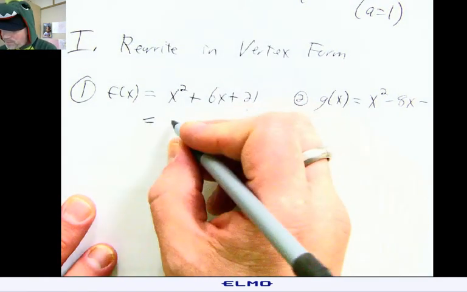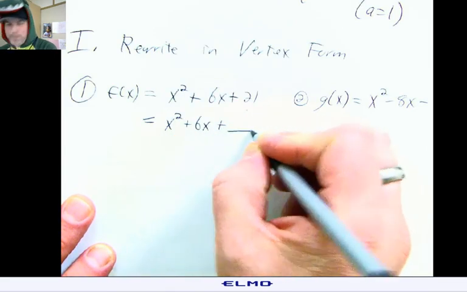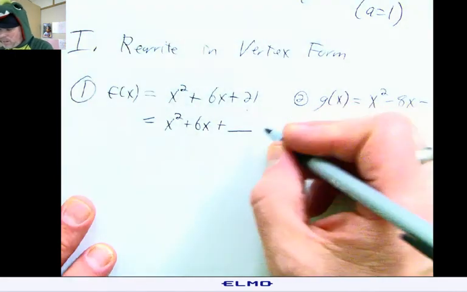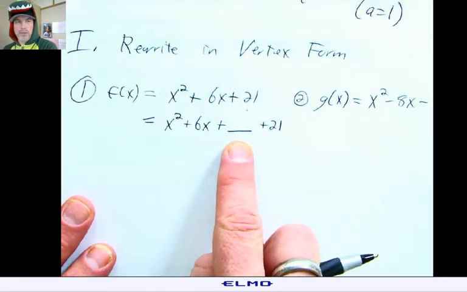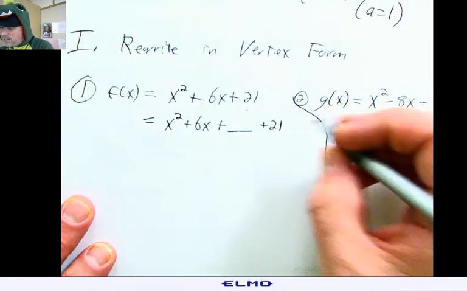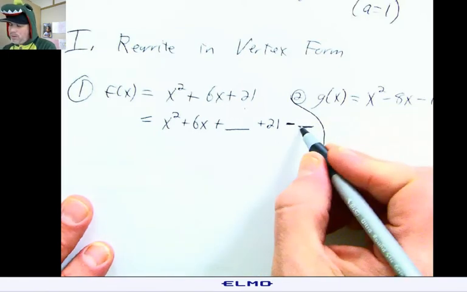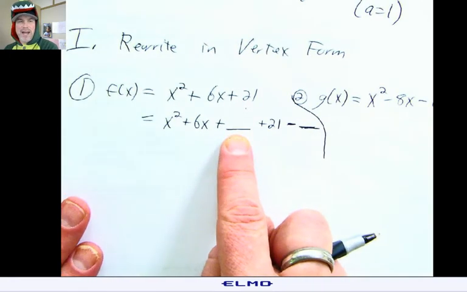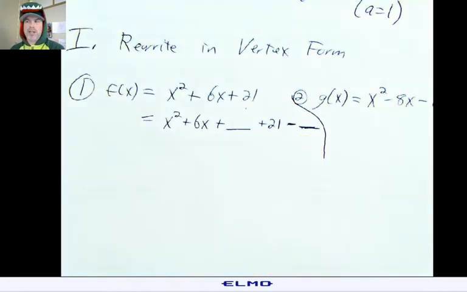We start off by creating a blank space. We're trying to create a perfect square trinomial, and to create that, I'm going to need to add a number. And if you remember from class on Tuesday, whatever number I decide to add, I'm also going to have to subtract that exact same number, so that at the end of the day I'm actually just adding a 0, which means the equation is equivalent.